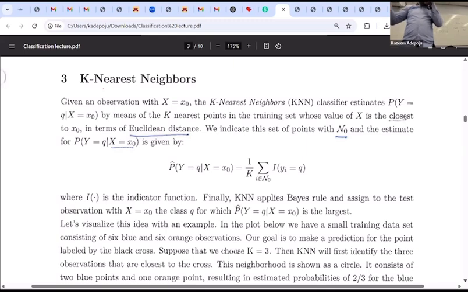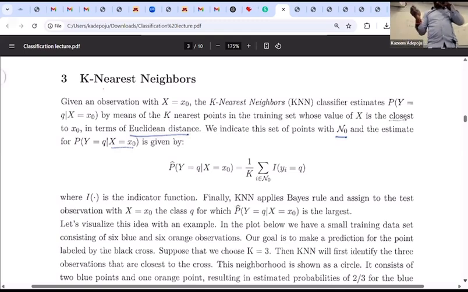And if it is too large, it could over smooth the boundary. I showed you the Bayes decision boundary, right? We don't want a situation where that boundary is over smooth. When it is over smooth, there's going to be a problem of high bias, which means you are oversimplifying the model.